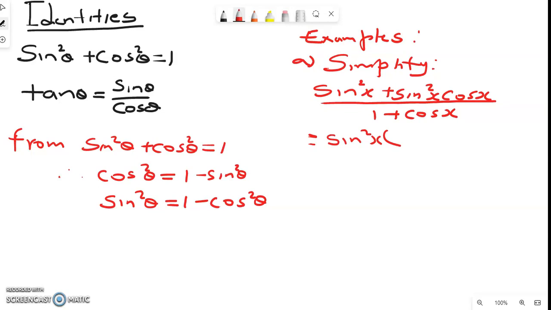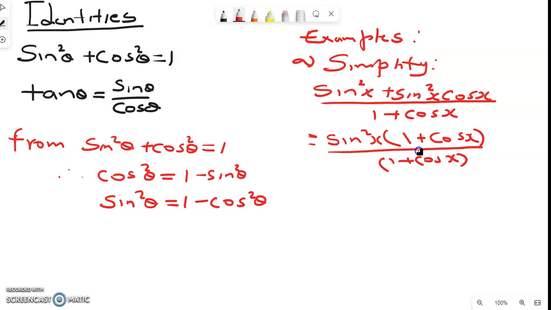If we divide the first term by sine square x, we are left with 1, plus, if we divide the second term by sine square x, we are left with cos x, all over 1 plus cos x.